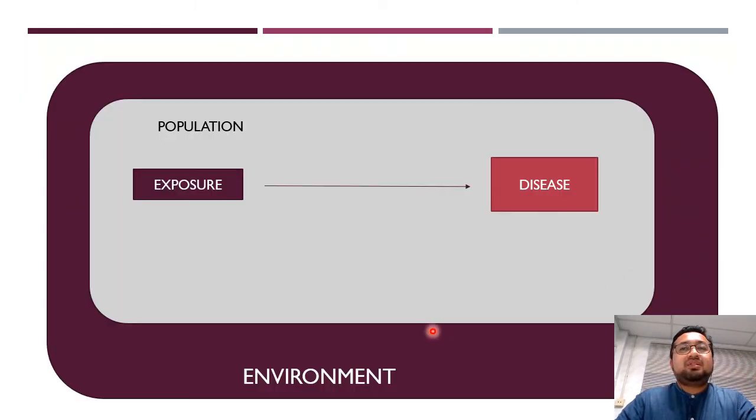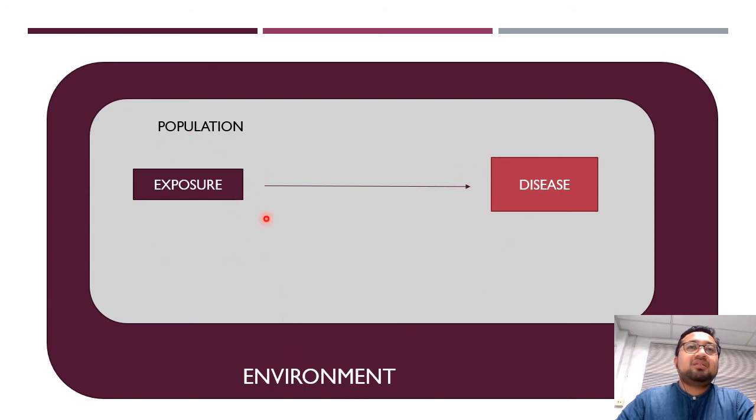In the environment, for a disease to occur in a population, there must be an exposure which can lead to the disease. The exposure can be hazards, such as an agent, and other risk factors, which can cause disease.